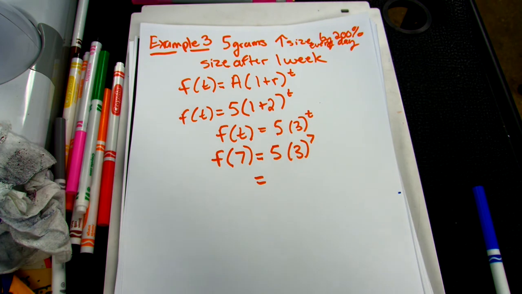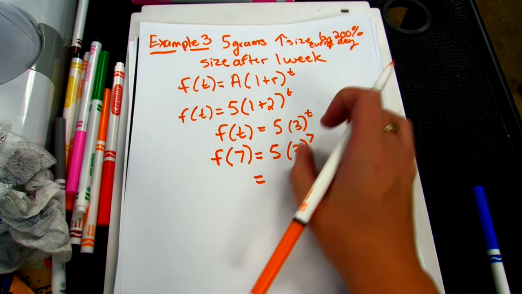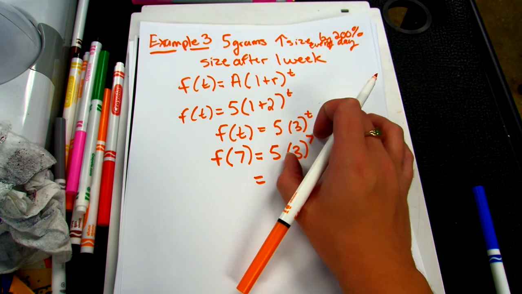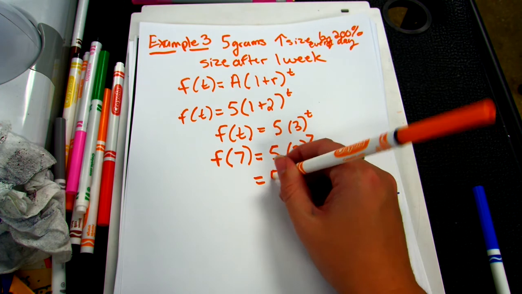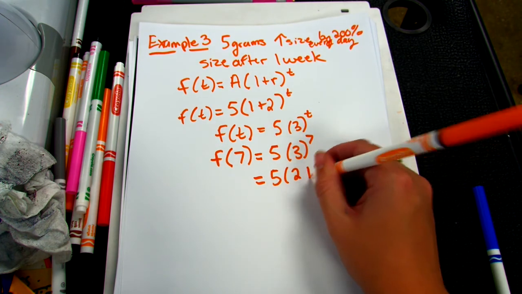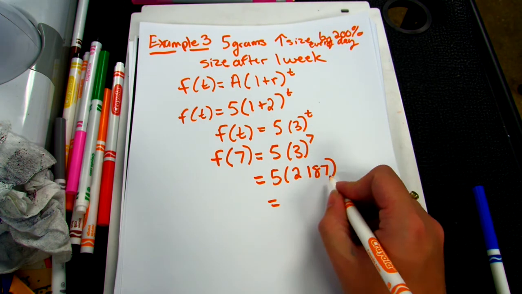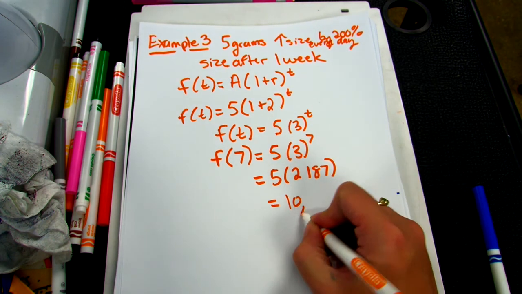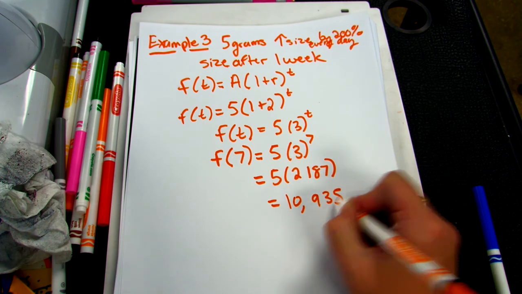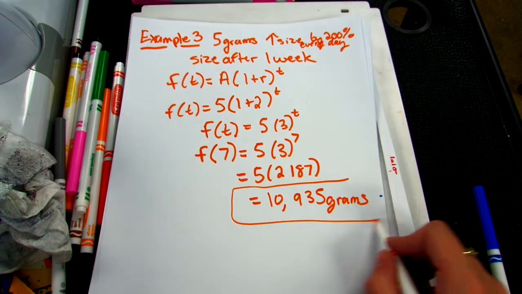When you calculate this in your calculator, it's very important that you do 3 to the 7th power first and then multiply by 5. So 3 to the 7th power is 2,187. So 5 times 2,187 is 10,935. That's how many grams of mold you have after 1 week.